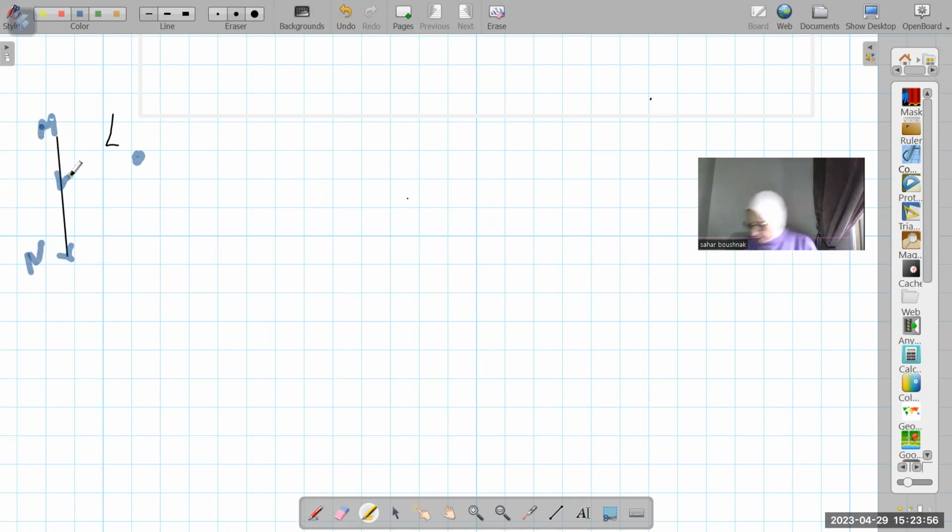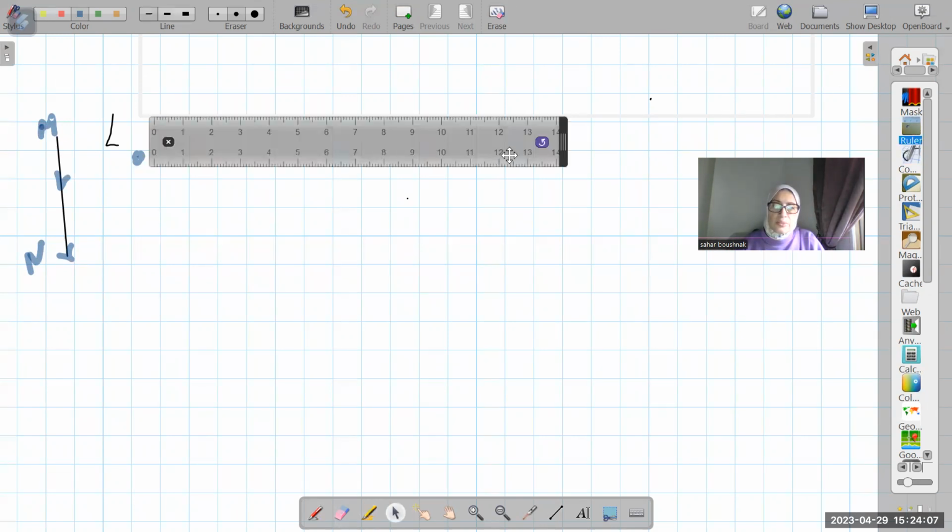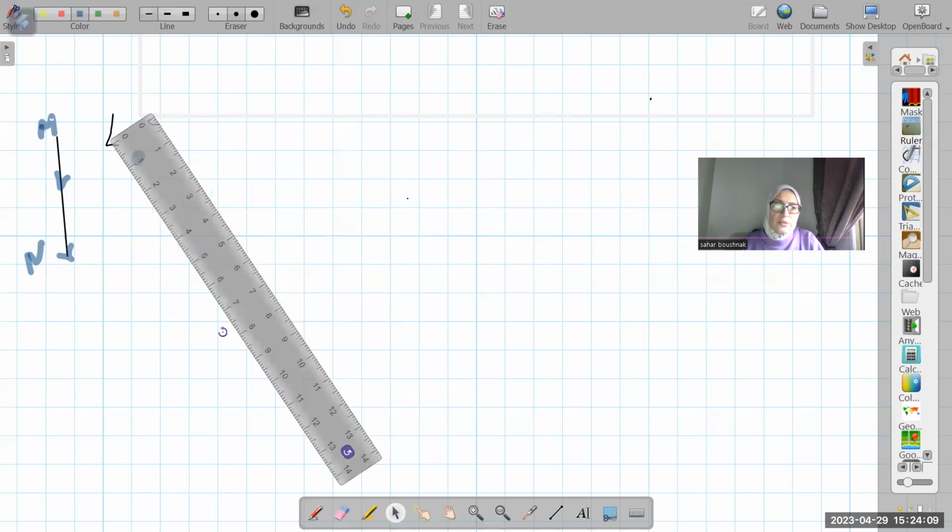So in the beginning, I will make a ray by using my tools, by using the ruler. So this is my ruler. I will draw a ray.